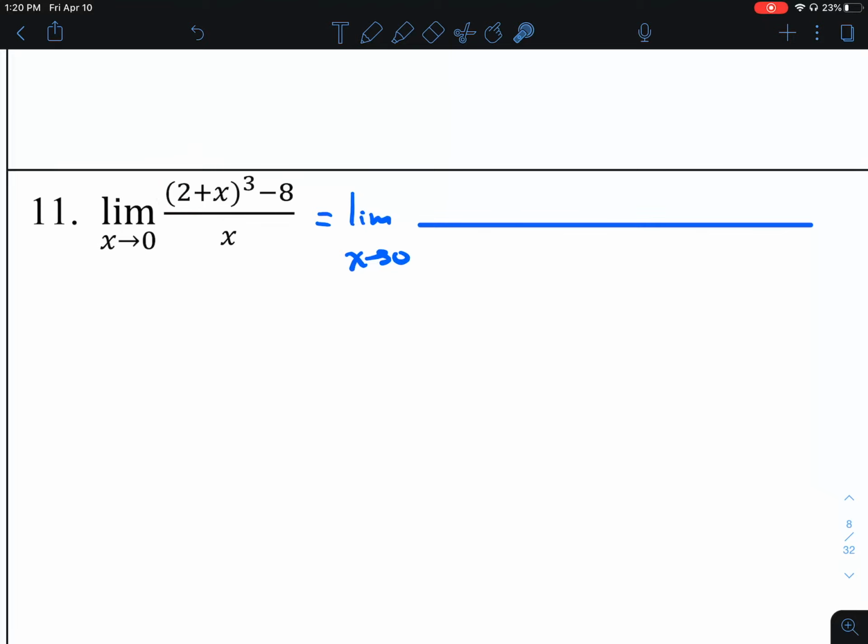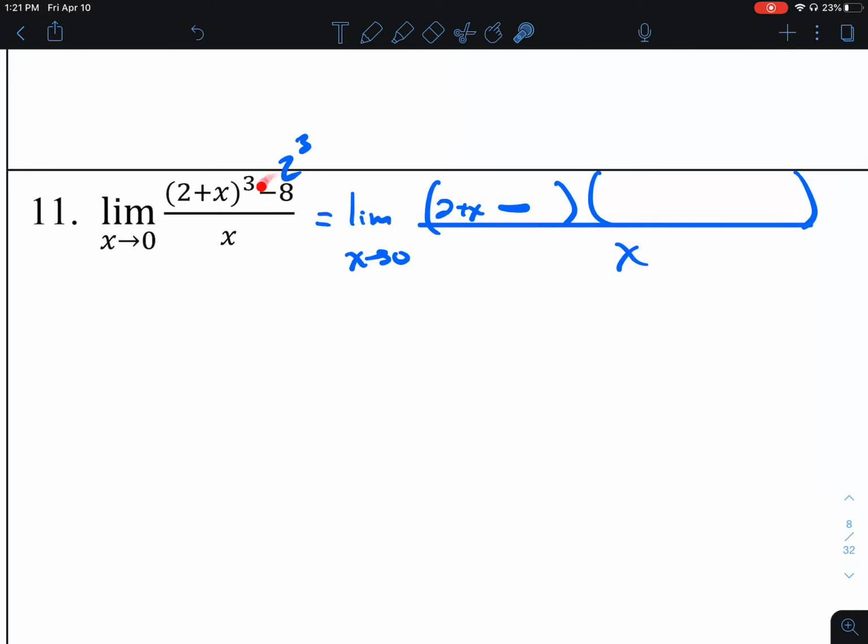Let's factor this. This is a difference of two cubes. This is a cube, it's cubed. This is a cube, this is the same as 2 cubed. This factors into a binomial and a trinomial. Now this binomial is going to be the cubed root of this, which is 2 plus x, minus the cubed root of this, which is 2.